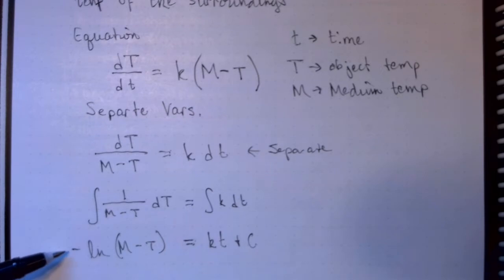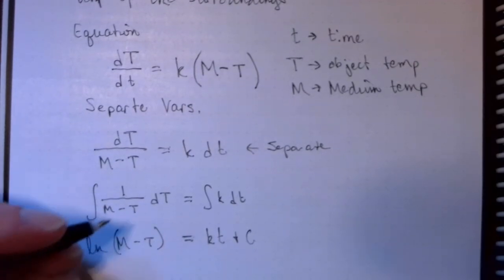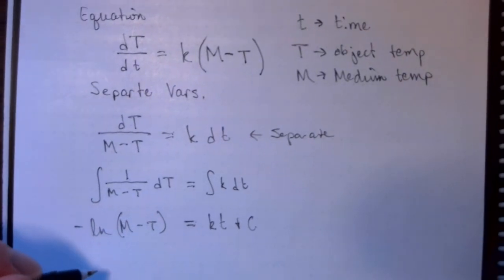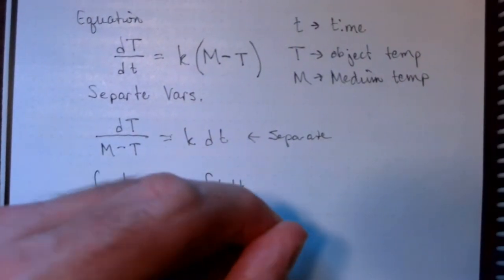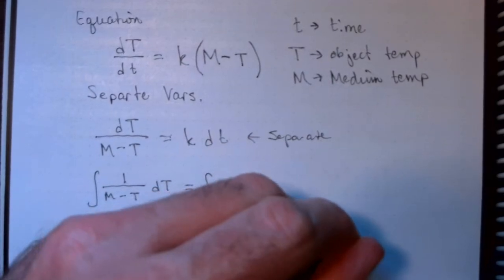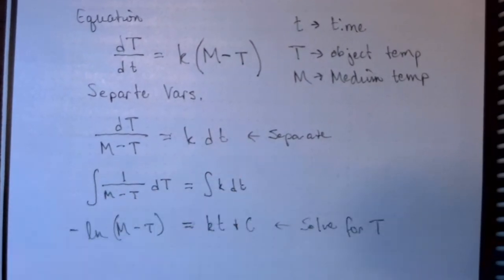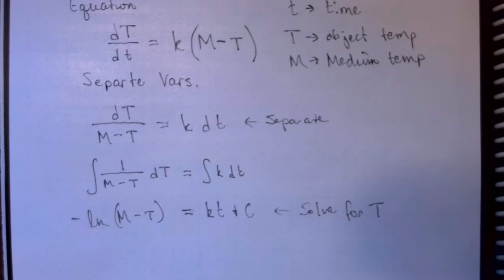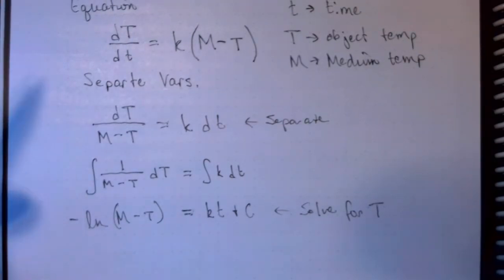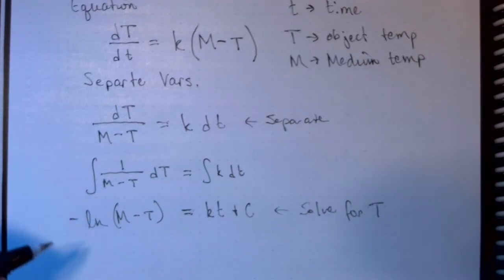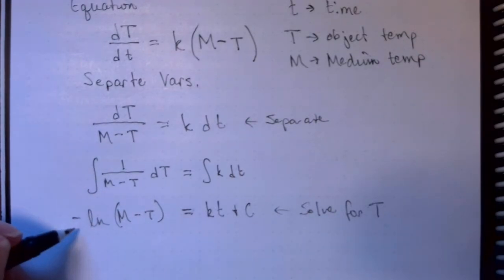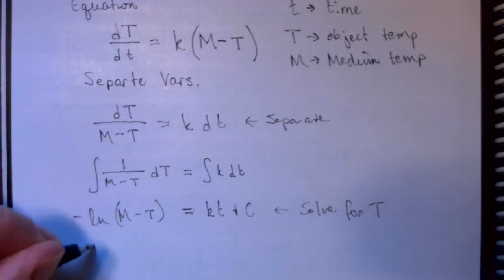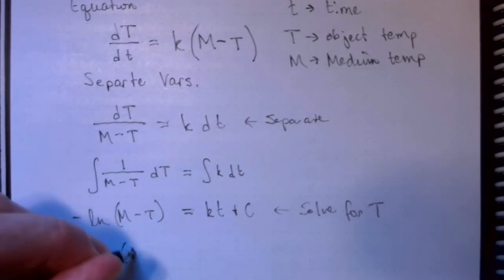So I need that negative out there from the substitution. Now, what I want to do is I want to solve this for capital T. So I'm going to use exponentials, but before I can do that, I want to get that negative out of the way.